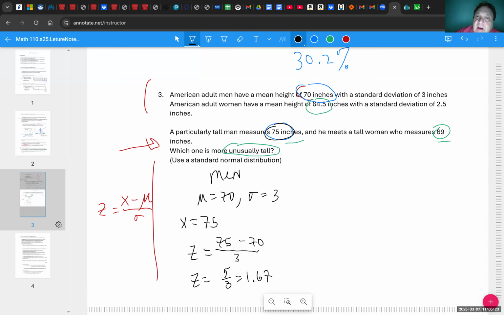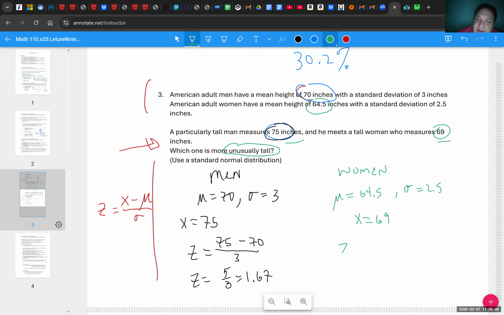All right, what about our woman here? So for women, we know that the mean is equal to 64.5 and the standard deviation is 2.5. And our representative here is a woman who measures 69 inches. So our X value is 69.